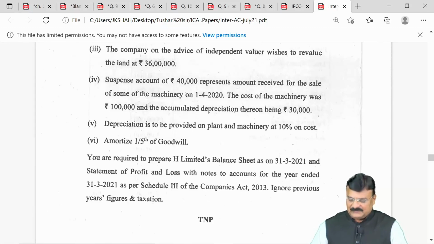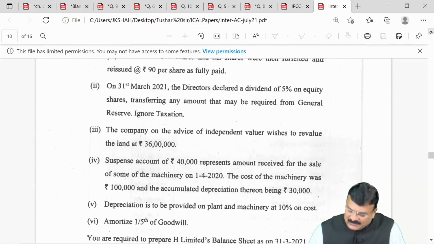on 31st March 21 and statement of profit and loss with the notes to accounts for the year ended 31st March 21 as per Schedule 3 of the Companies Act 2013. Ignore previous year's figures, they have not been given to you, and taxation also is to be ignored by you.